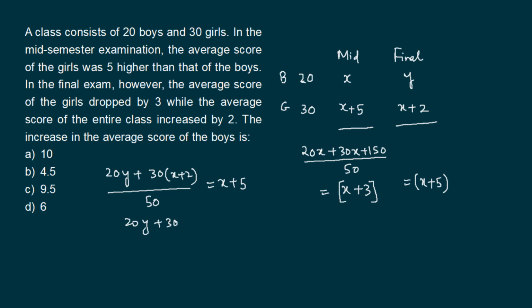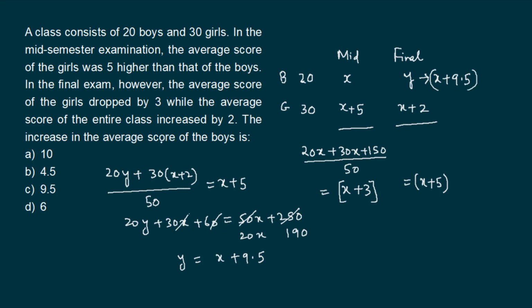So 20y plus 30x plus 60 is 50x plus 250, 20y is 20x plus 190. So y is x plus 190 by 20, which is 9.5. So average of boys should be x plus 9.5. So the increase in the average score of boys is 9.5. Option C fits in.